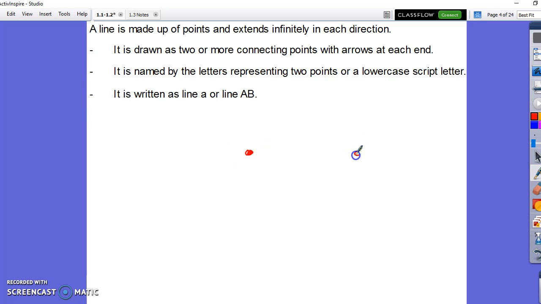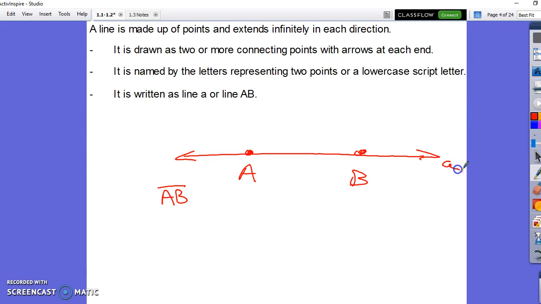So, for example, we could call this line AB. We could also call it line A. If I put a script A there, we can also call it line A. Either way.